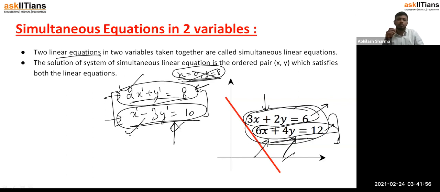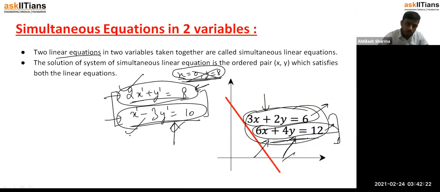That's why we are calling them pair of linear equations or simultaneous linear equations in the ordered pairs x and y. Okay, and solution which we are talking about is what? Solution actually means the actual values of x and y which satisfy the given equations. Okay, so I hope this simultaneous equation or pair of equations is clear to everyone. And of course, linear equation means that the power should be 1.